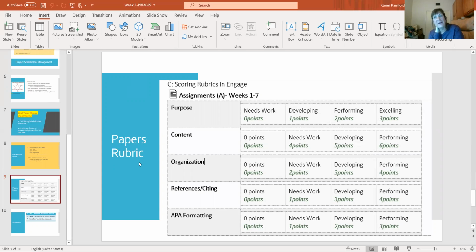And in terms of excelling, that one in purpose, probably the top 1 or 2 people in the class might get excelling. So don't expect to get excelling every time for whatever you write. It really means that you've gone above and beyond for that. And so papers are a maximum of 20 points. 19 points is still an A, so don't panic. It just may not mean that you that week were one of the top 1 or 2 students.